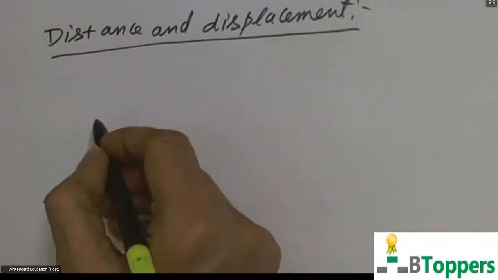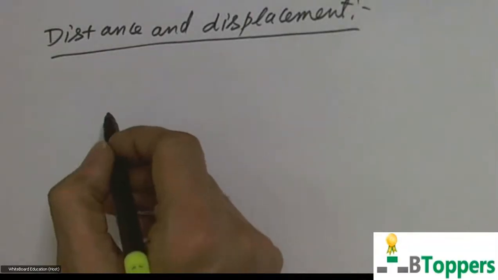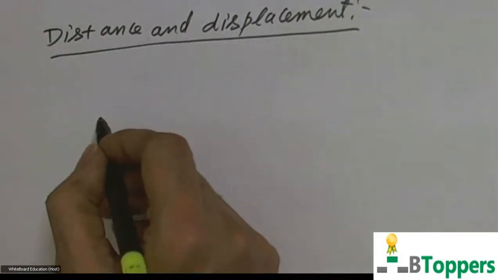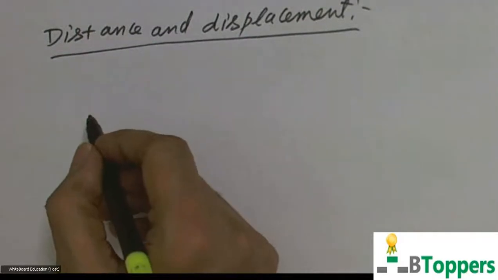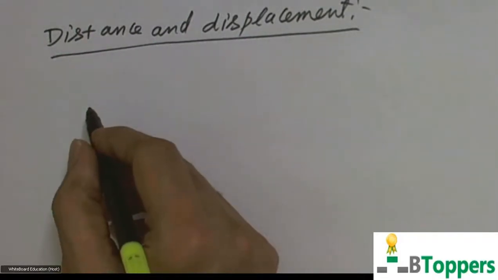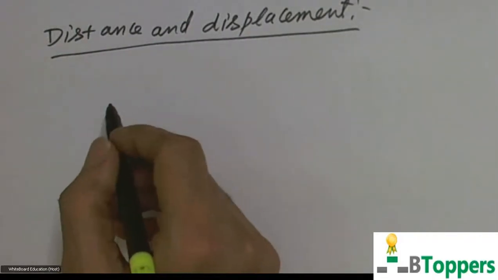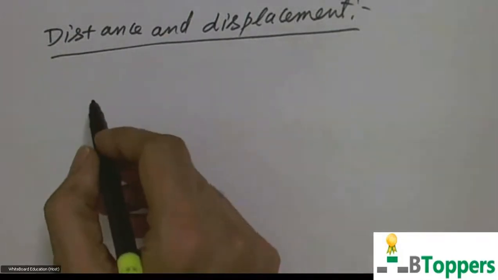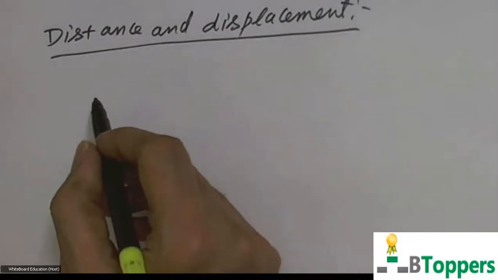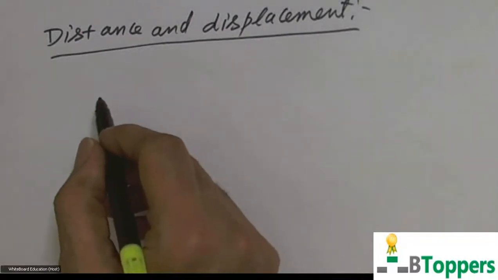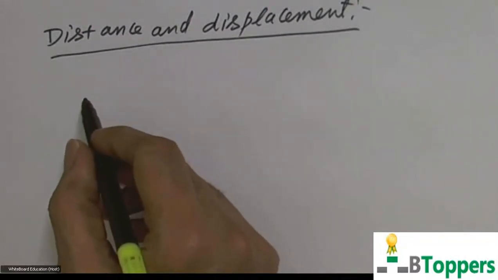So you don't start writing the notes simultaneously while I am explaining. You need not write running notes now. After a part of the discussion is completed, I'll be showing the typed notes or PowerPoint on the screen.